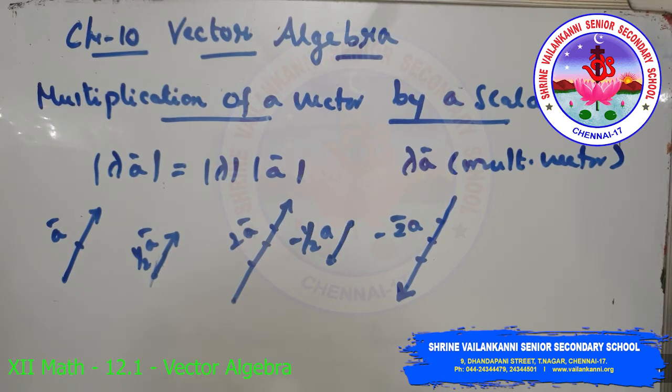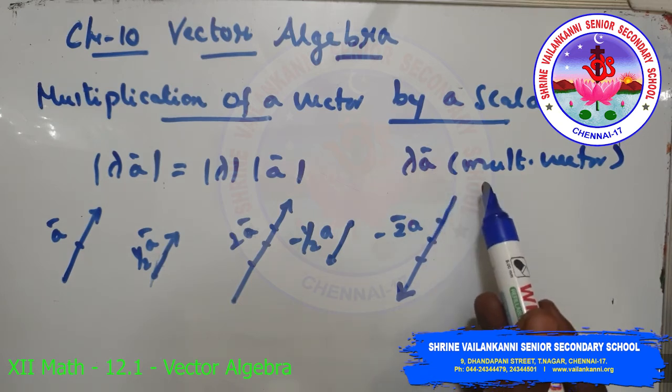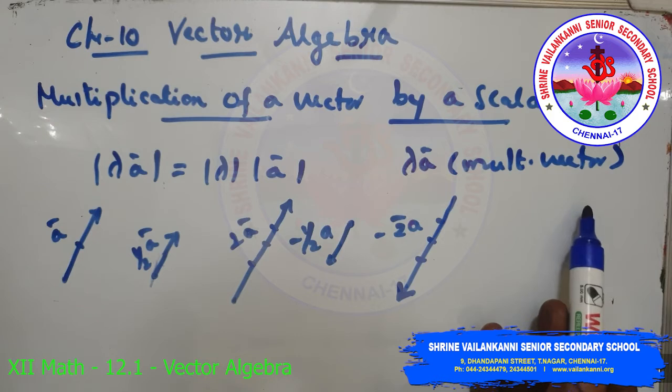Multiplication of a vector by a scalar. Let A be a given vector and lambda a scalar. Then the product of the vector A by the scalar lambda, denoted as lambda A, is called the multiplication of vector A by the scalar lambda.